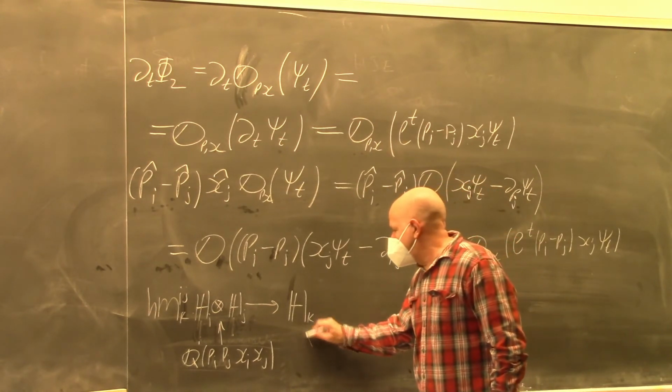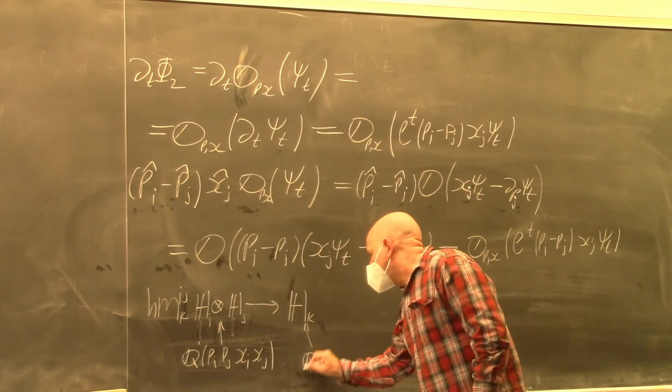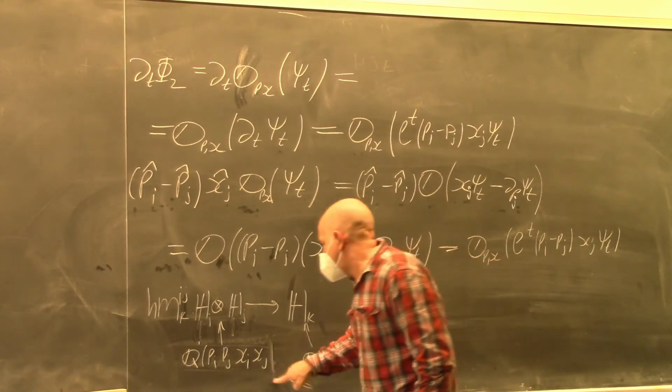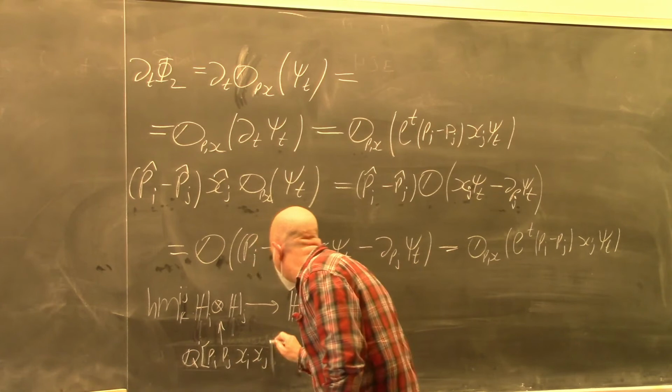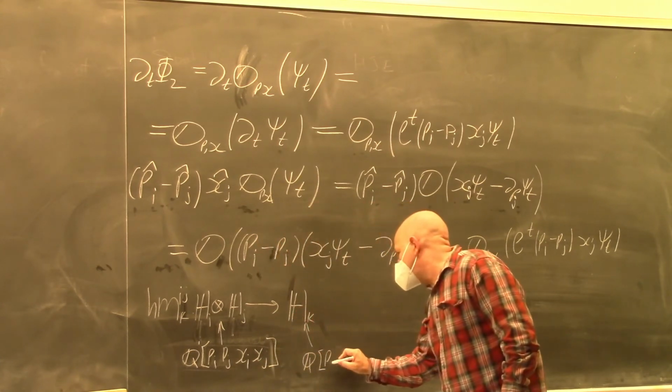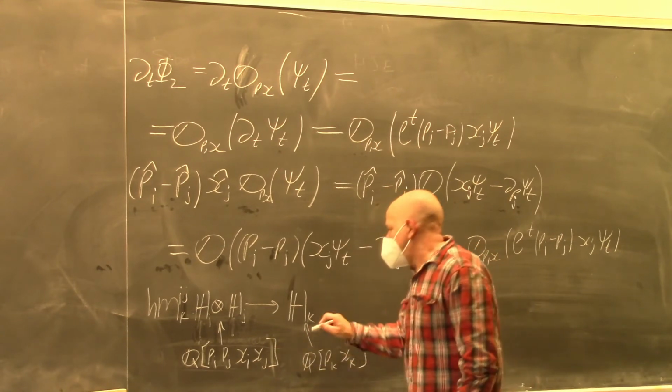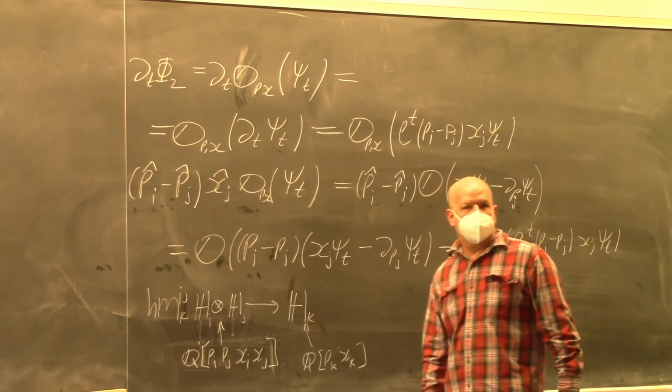And likewise, there is an ordering map which takes polynomials, so this should be square brackets, polynomials in pk and xk into here.